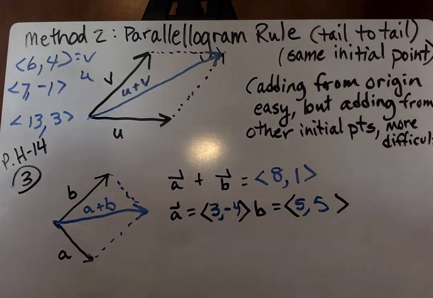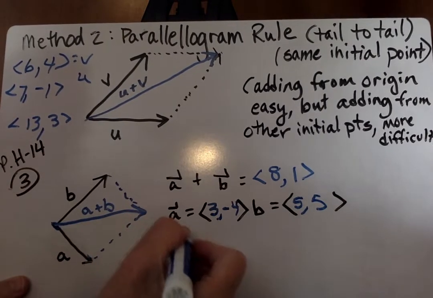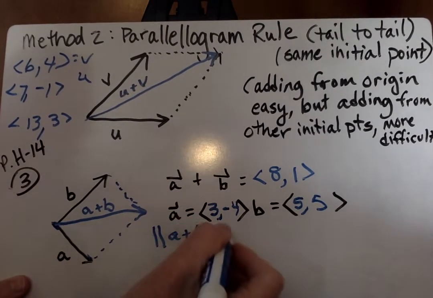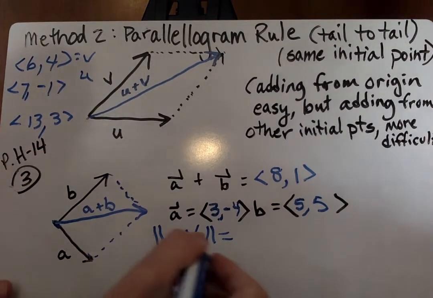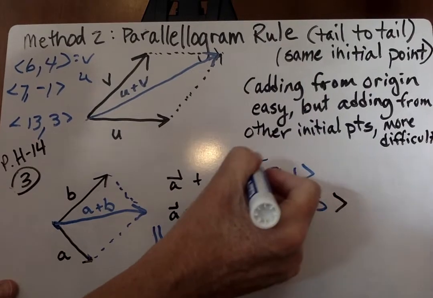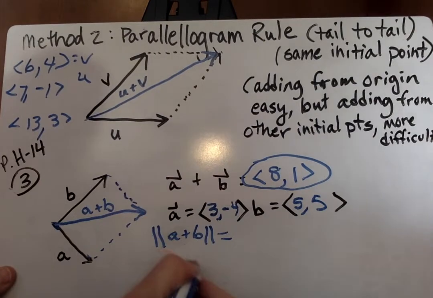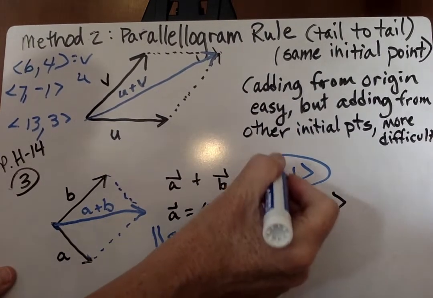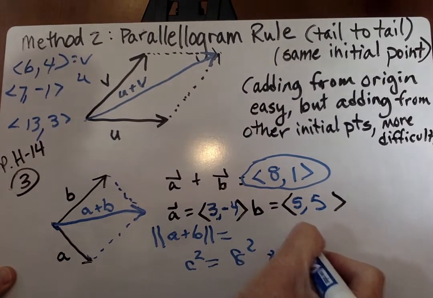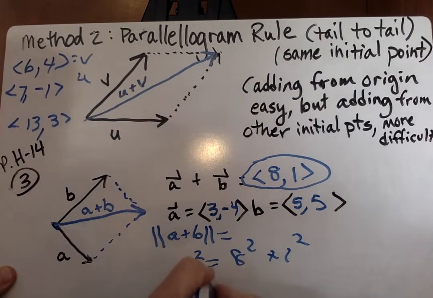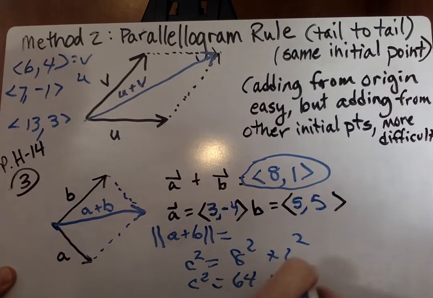Next, we want to find out what the magnitude or the length of A plus B is. So we will say that right here's our resultant vector, and we're going to call this C squared. And we're going to say that's A, so 8 squared plus 1 squared. So C squared equals 64 plus 1.